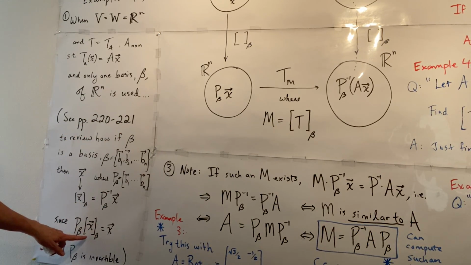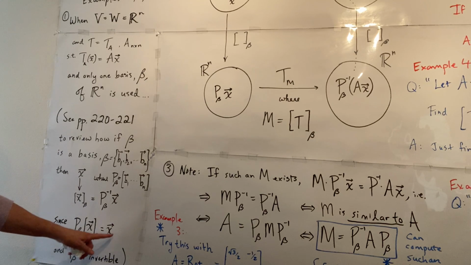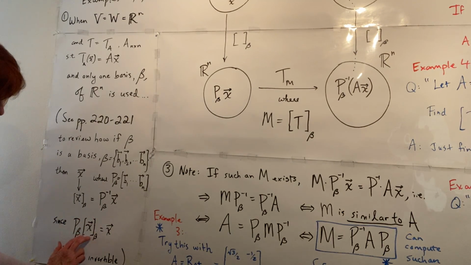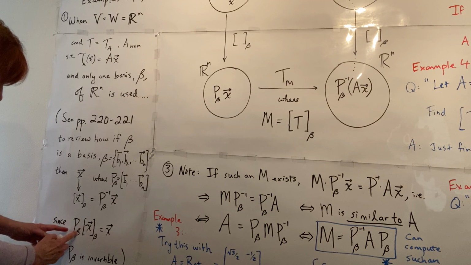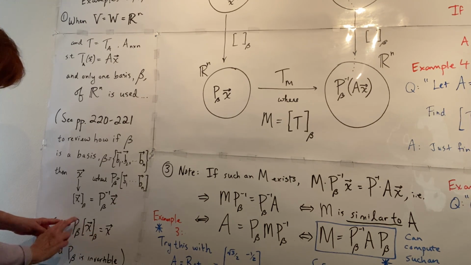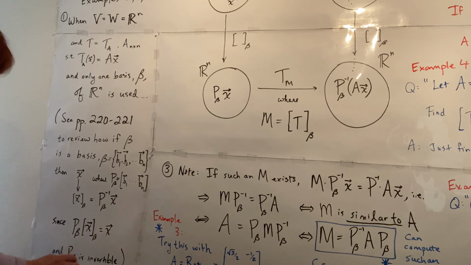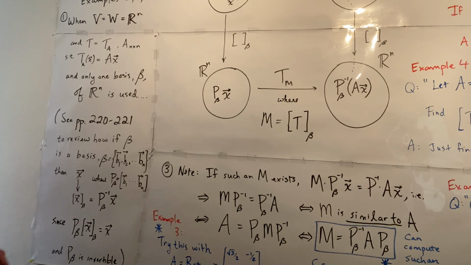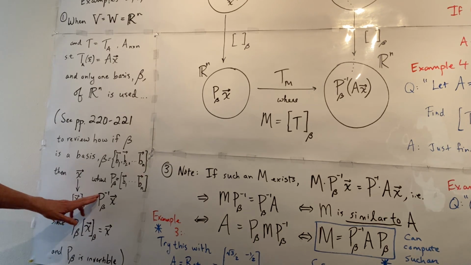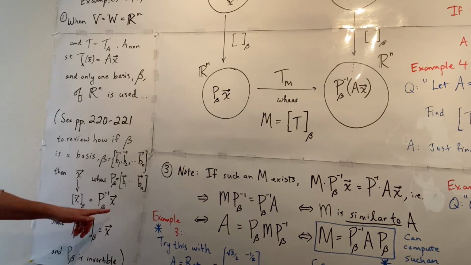The way they found these coordinates was by solving this system of equations. Just put some unknown here. They solved for this, and those were the coordinates. So since multiplying these coordinates by P sub beta gives you x, and since P sub beta is invertible, then you can say that the coordinates of x with respect to beta are just equal to P beta inverse times x.